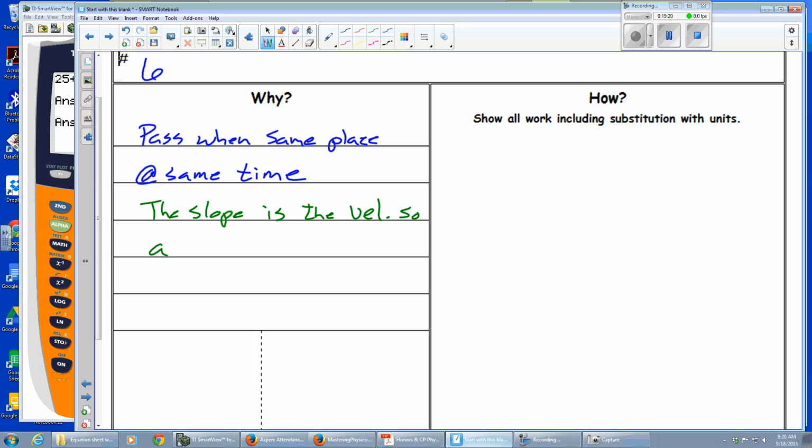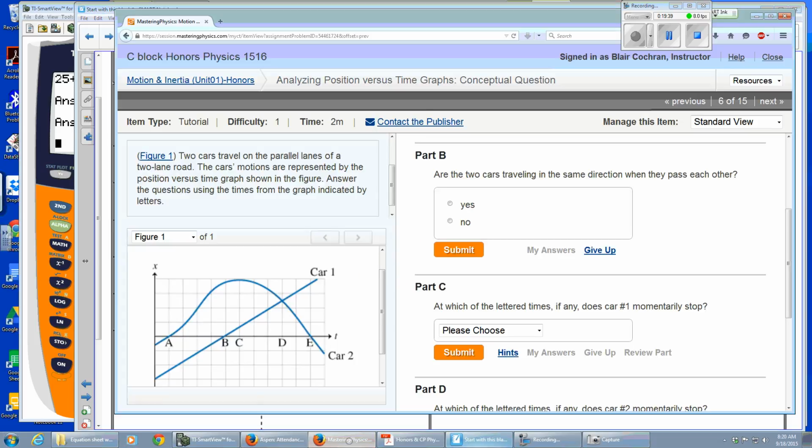So a positive slope is opposite in direction than a negative slope. Good.